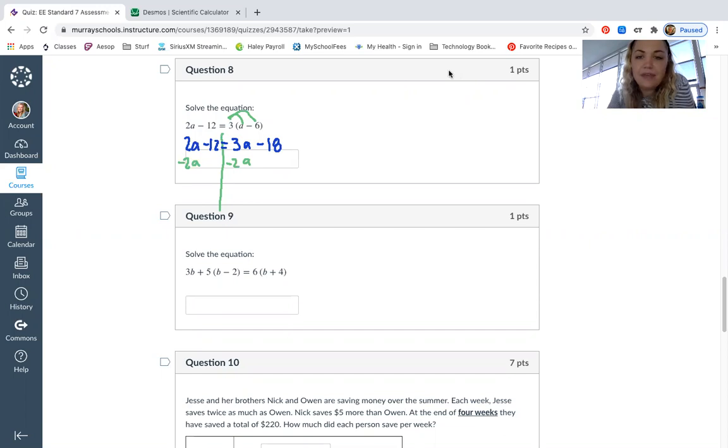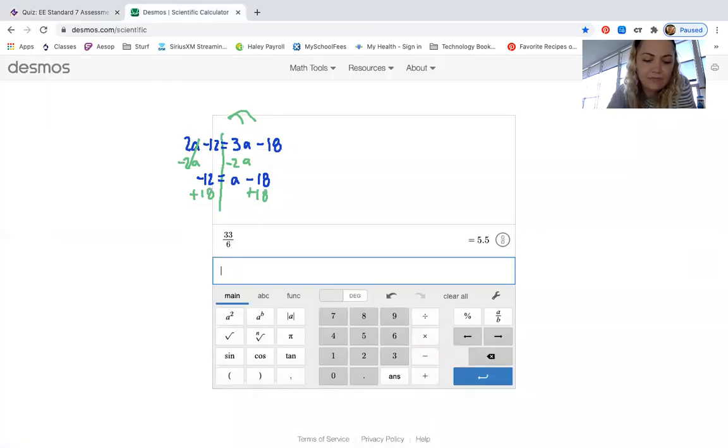These are gone. And I have negative 12 equals 1a, I'm just going to write a, minus 18. Okay, I can add 18 to both sides of this. And when I do negative 12 plus 18, just a quick reminder, I get positive 6.